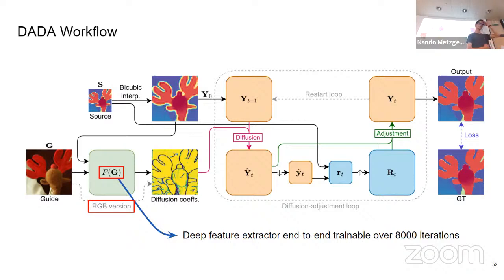If you use the intermediate information, like this corrected output, and feed it back here, can you also make it a loop, or did you try it? We didn't try it, honestly, but I can assume that it might help, yes. Although I think if you have this feature extractor, most of the information will still come from the guide anyway. But it might help a bit. You can squeeze out a bit.